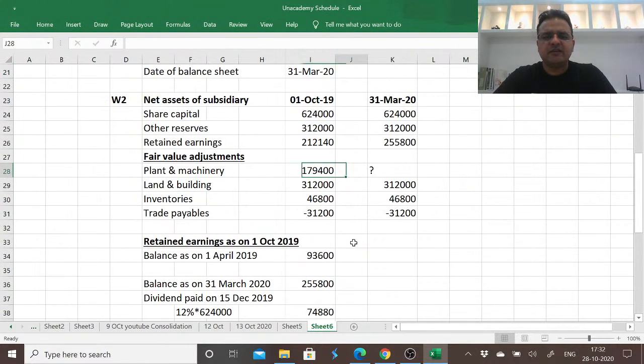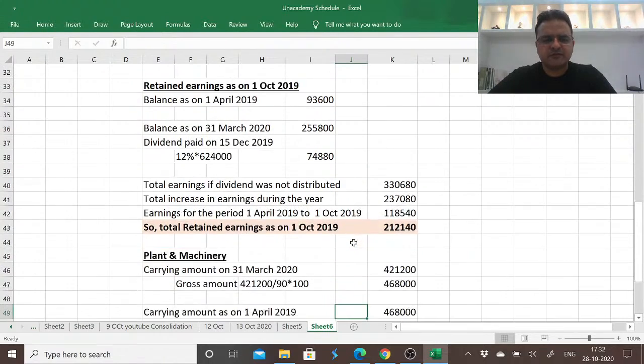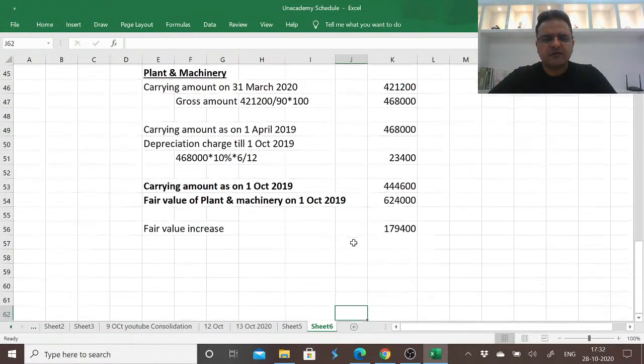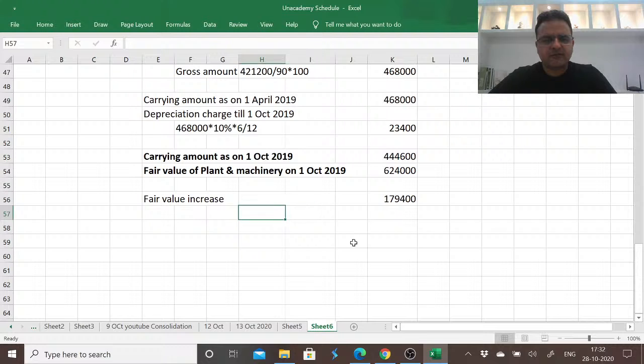Now in this fair value increase, there is a depreciation charge as well for the year. Since the fair value of plant and machinery has increased to 624,000, depreciation is on the revalued amount, that is 624,000, the new value of plant and machinery.